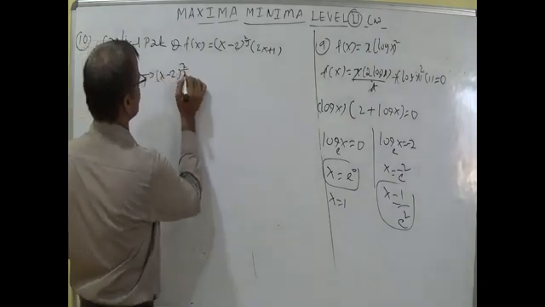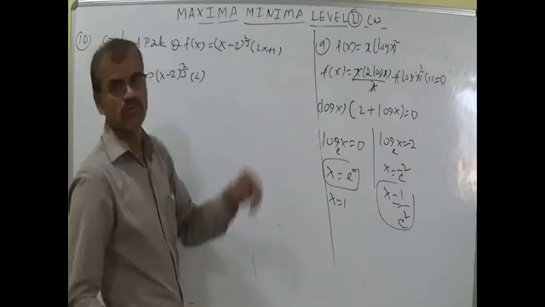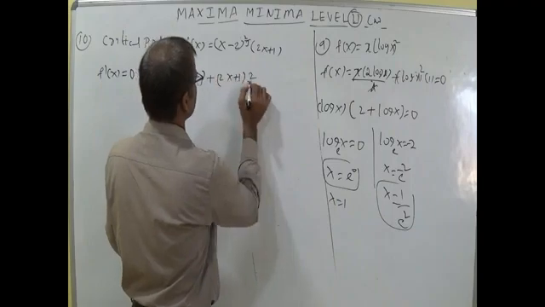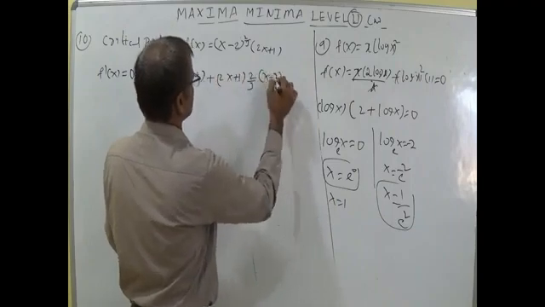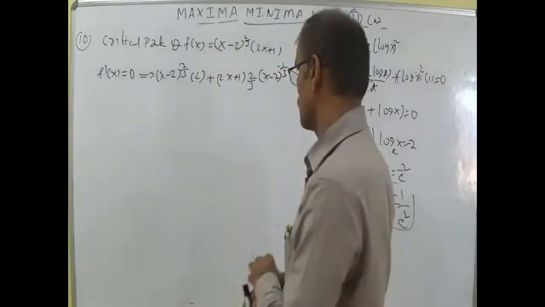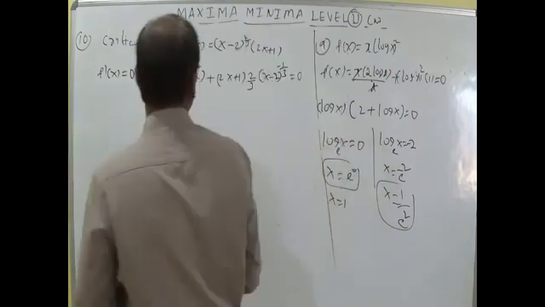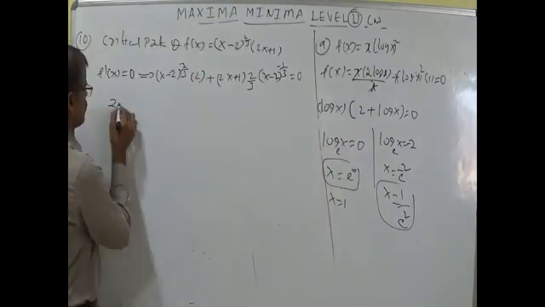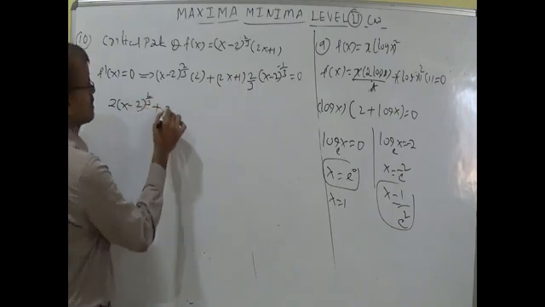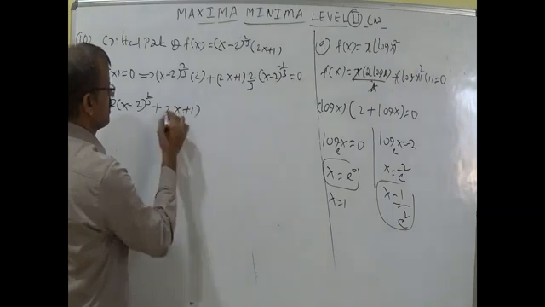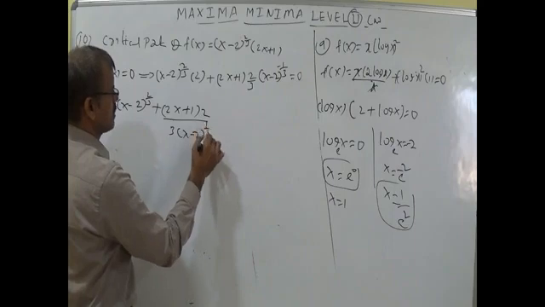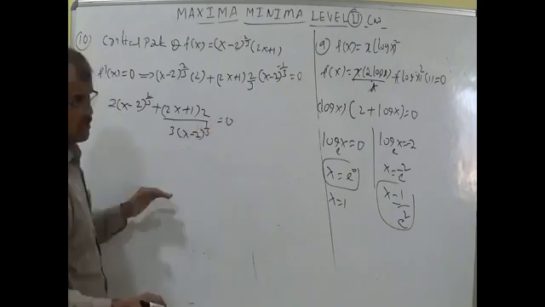(x - 2)^(2/3) into 2, using uv' + vu', I am writing (2x + 1) · (2/3)(x - 2)^(-1/3), because 2/3 minus 1 you can write. So put this equal to 0. That is 2(x - 2)^(2/3) + (2x + 1)(2/3), which we can write with (x - 2)^(1/3) in the denominator.